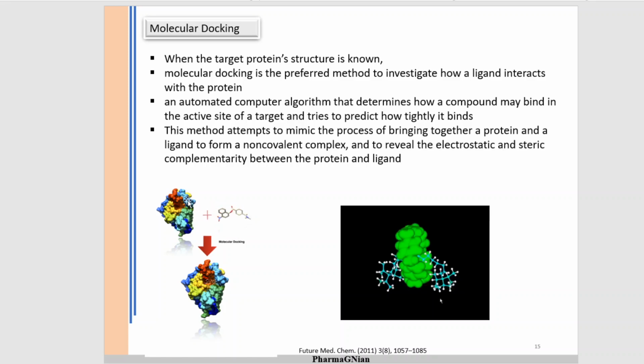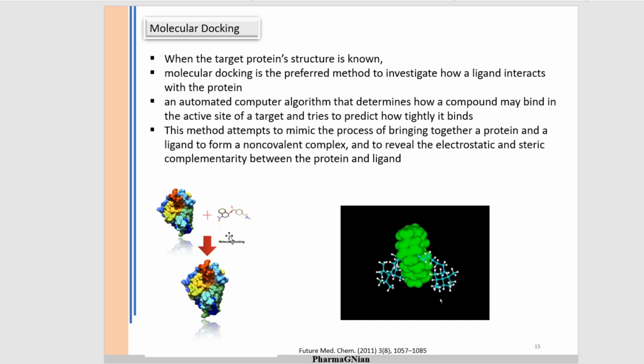This is the technique preferred to investigate how the ligand interacts with the protein. It is an automated computer algorithm that determines how a compound, that is the ligand, may bind to the active site of the target and tries to predict how tightly it binds.